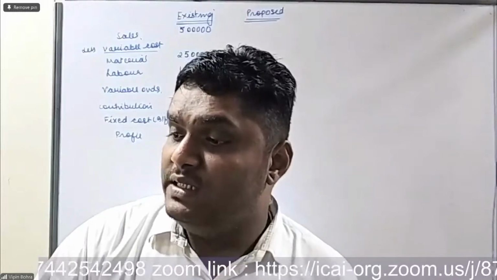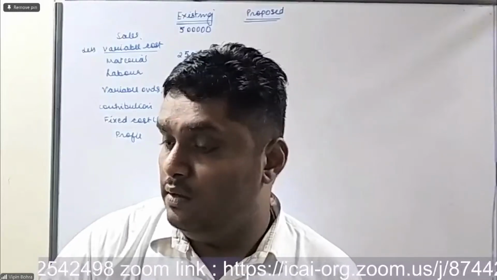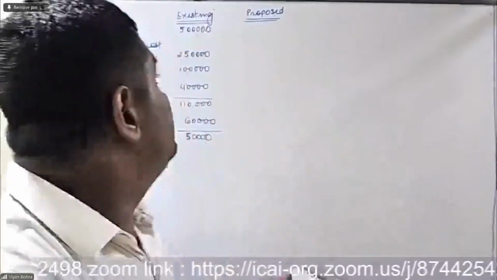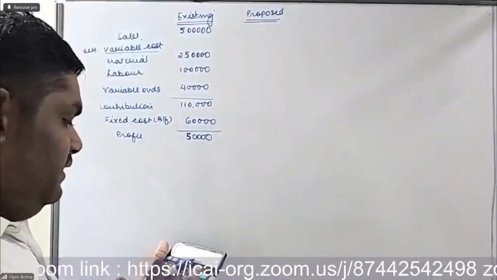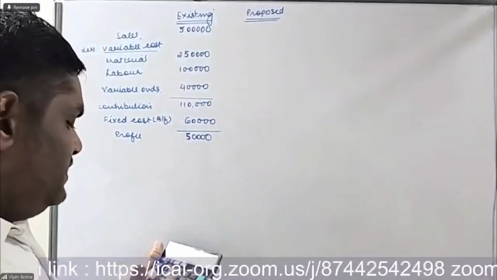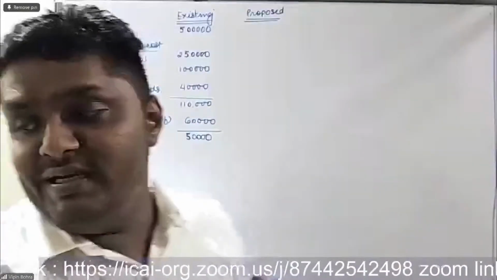Further, the selling price is also increased by 4%. So 5 lakh plus 4% at revised selling price plus 10%. So we will get the revised sales as 5,72,000.